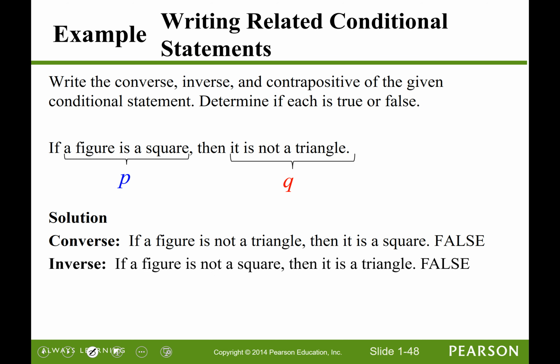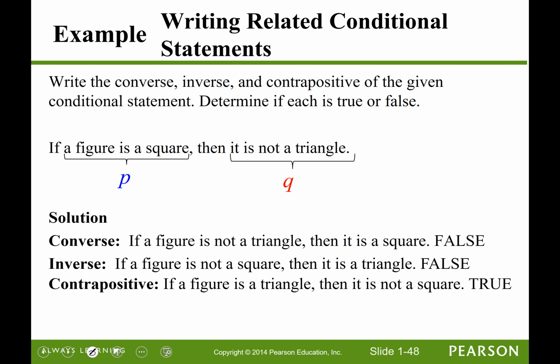The inverse would be if a figure is not a square, then it is not a triangle. This is a false statement also. Counterexample, a figure could not be a square, it could be a circle. So once again, circle would be a good counterexample. And contrapositive, if a figure is a triangle, then it is not a square.